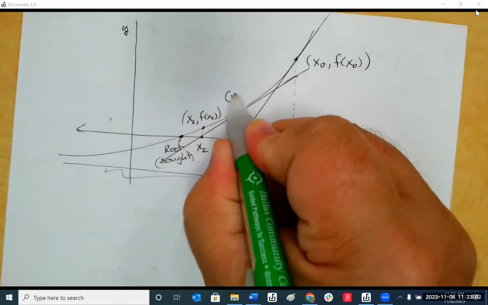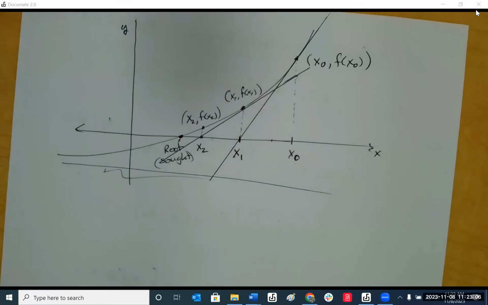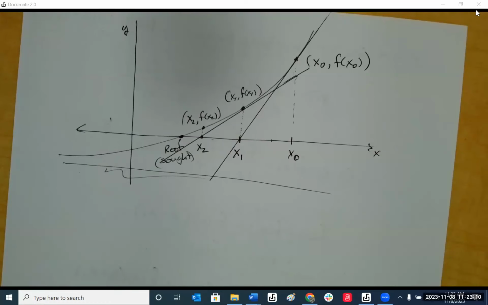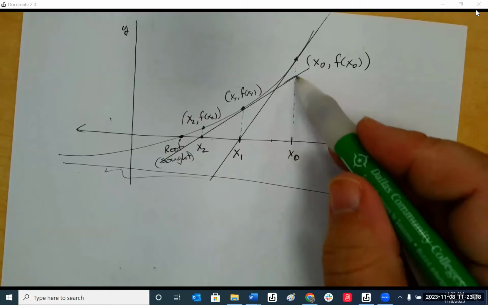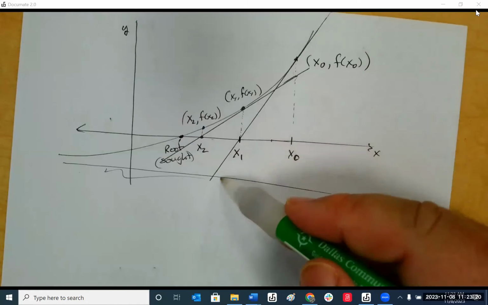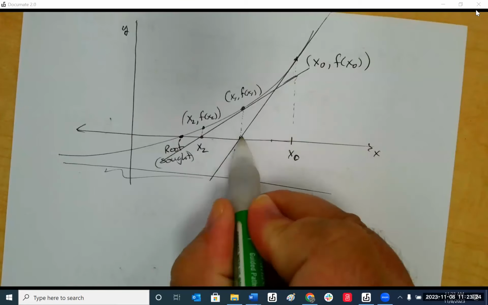This is x sub 1, f of x sub 1. So your new value of x1 from x0 is going to be wherever it crosses the x-axis, because that's where it gives you the new x. This tangent line, the slope, the derivative, and here's the x-intercept.